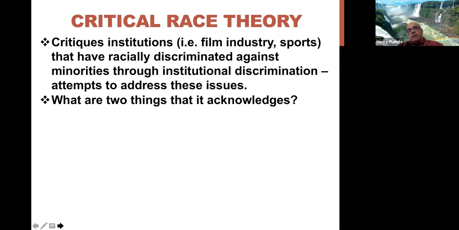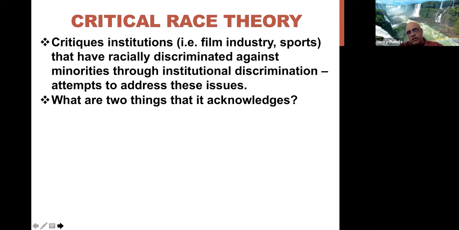By understanding critical race theory, they believe that if you have a knowledge of it, you can take steps toward diminishing the power of racism within these institutions. Two things that it acknowledges are the exclusion and the marginalization of non-white people.